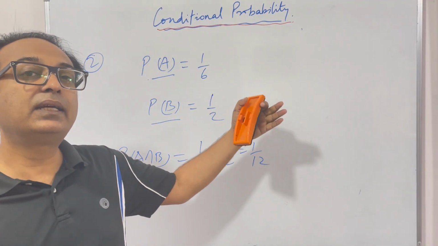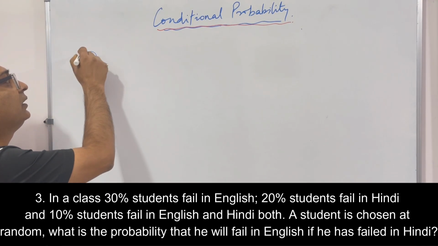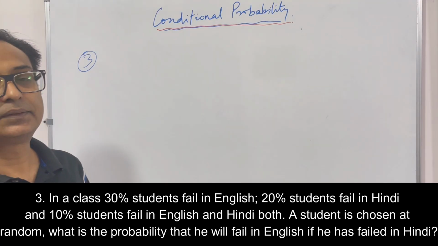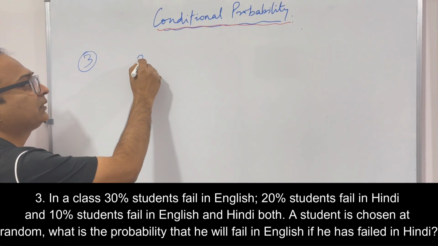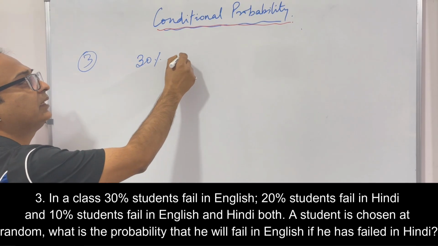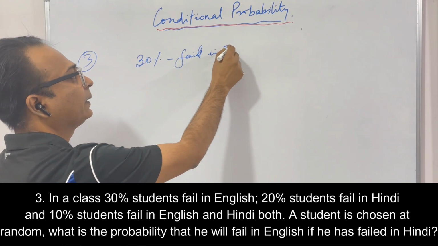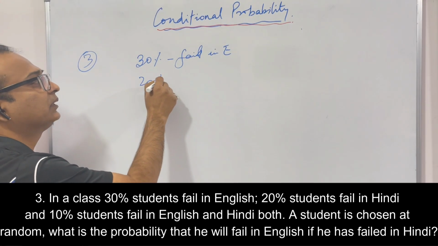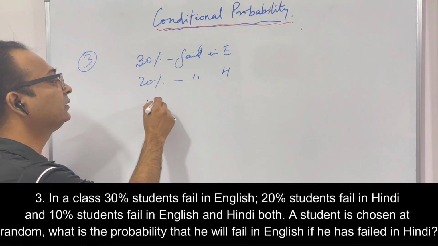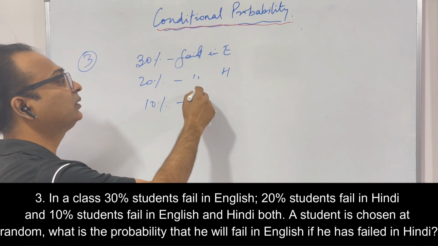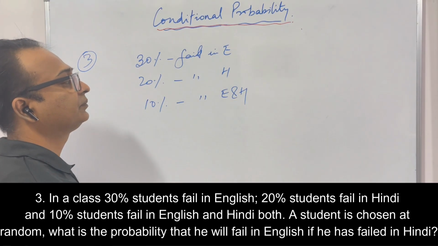Now I'll take events that are dependent. This is on dependent events. It says in a class 30% of students fail in English, and 20% of students fail in Hindi, and there are 10% of students who fail in both English and Hindi.